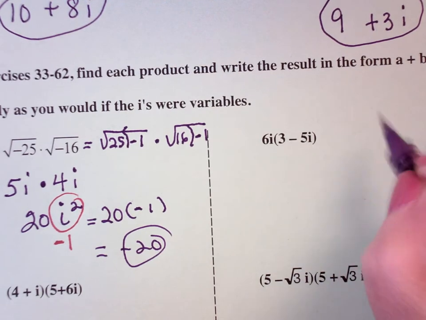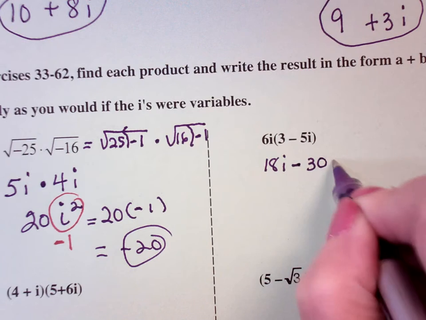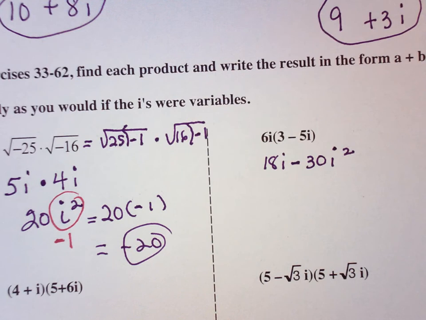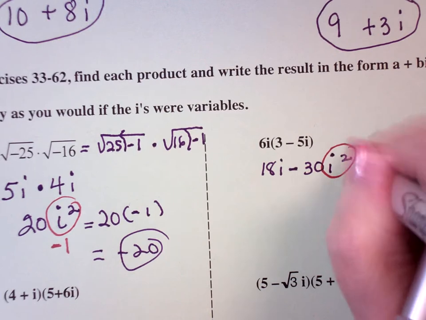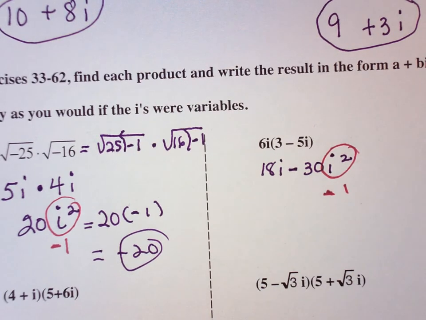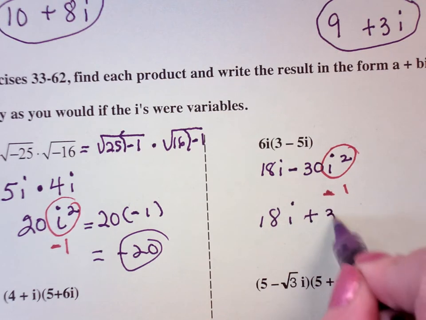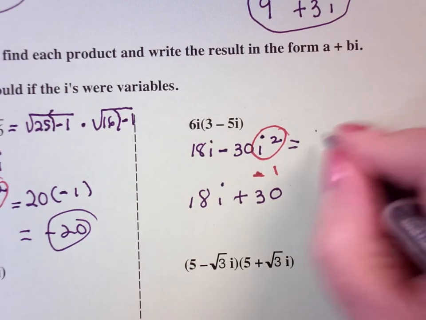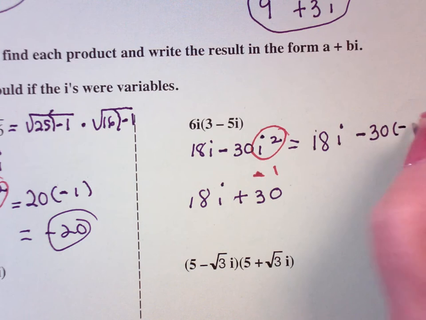This is a distributive property, so this is 18i minus 30i squared, just like x's only with i's. But the downside is i squared is negative 1, so this becomes 18i plus 30. If I put the step in, it's 18i minus 30 times negative 1. The minus 30 times negative 1 turns it into a plus 30.